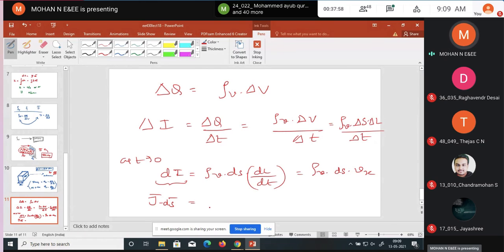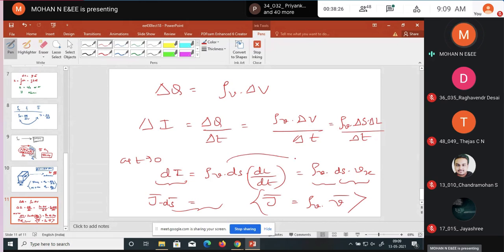So what you can write is Vx into dS, and this is nothing but rho V. If you equate these things, you will get J in terms of rho V into V vector. This V vector is nothing but your velocity vector.